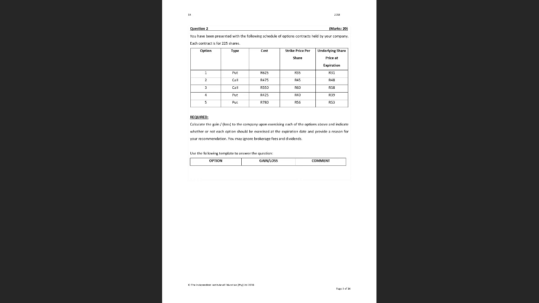So they give you a suggestion, information about the option. This is your calculation and the Rand value of the gain or loss, and this is a comment section for stating yes, purchase it, or don't purchase it, and why. Remember, the comment is a decision and a reason.